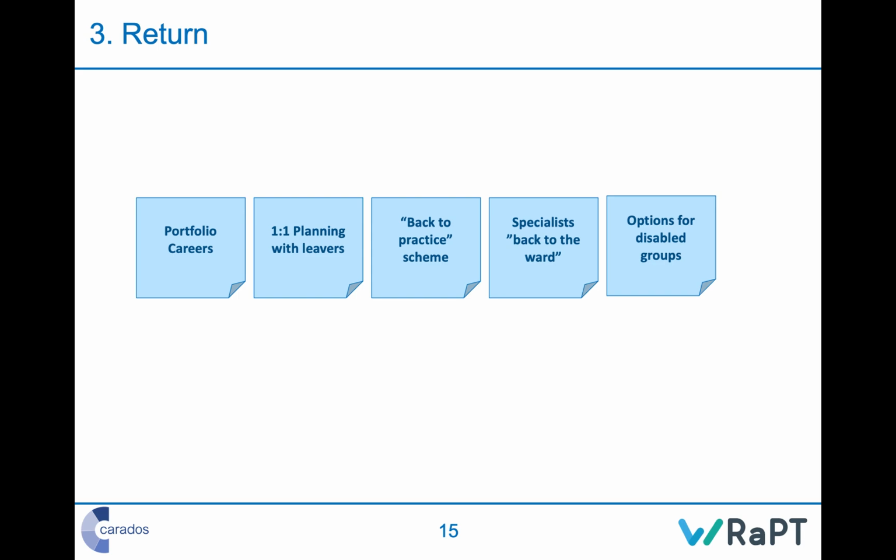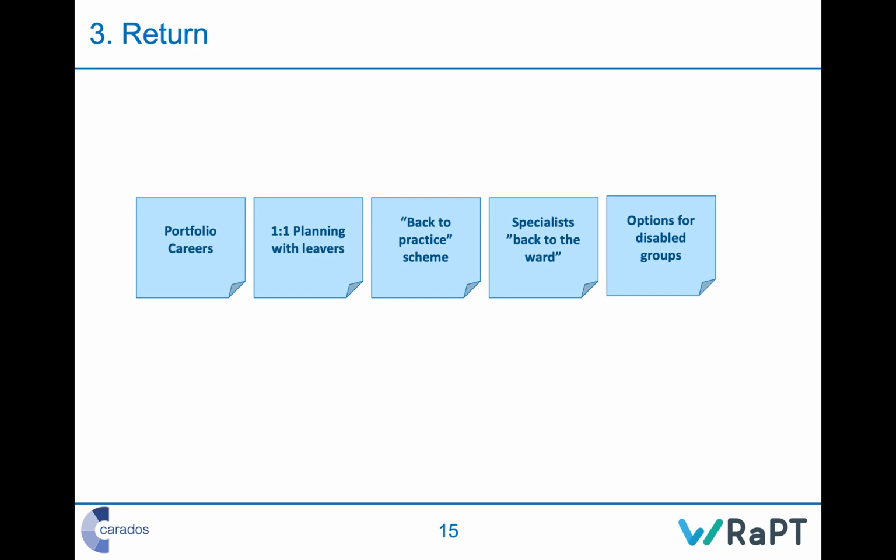Disabled may or may not be the right term there, but the key point is that if somebody is leaving because they can't stay in work for whatever reason, a physical disability, a mental disability, or whatever else, building plans around those is an option. How can we keep their skills, or at least part of their time, part of their skills, by doing different things with those individuals to meet their needs?